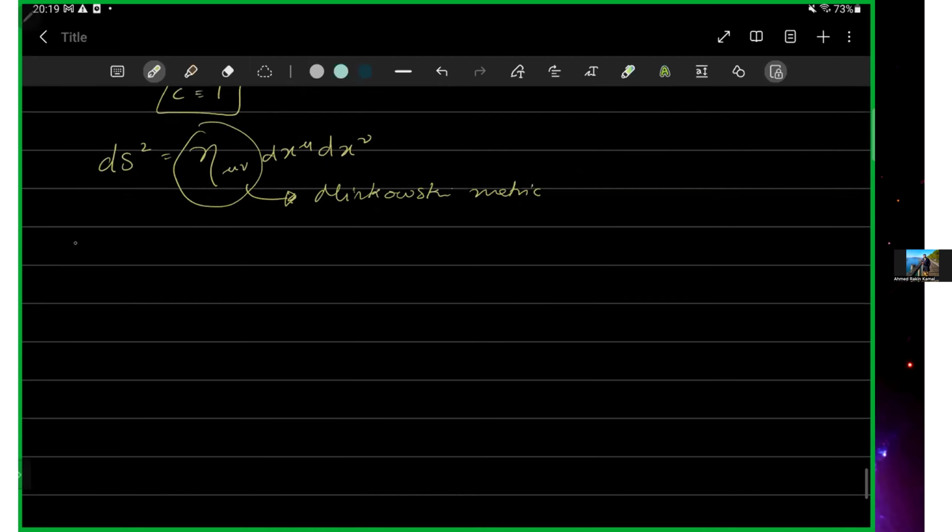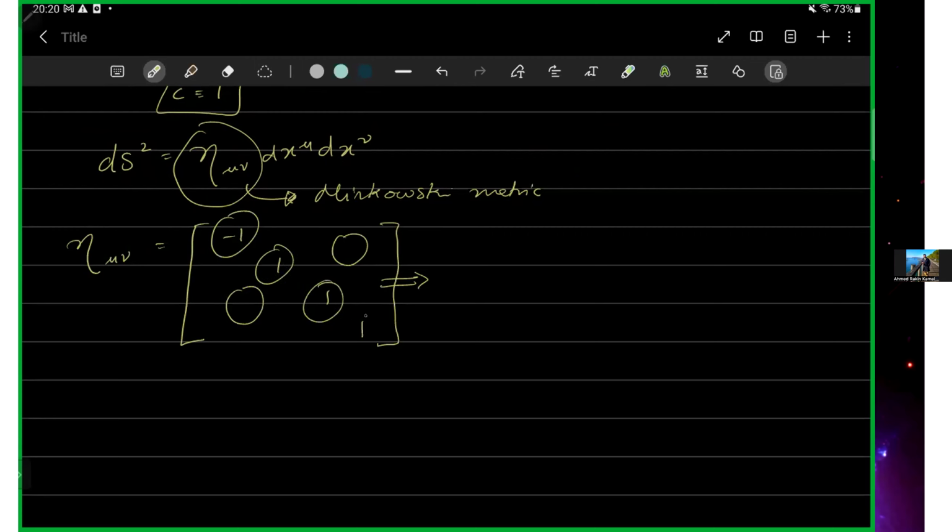Okay. And particularly eta mu nu takes this form in matrix representation. It's minus 1, 1, 1, 1, and all the other off-diagonal terms are 0. And remember that I'm using a signature where I'm considering minus for the temporal part, which is this one, and plus for the other spatial parts.